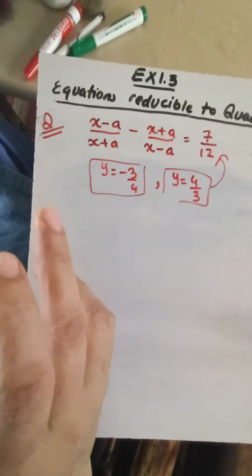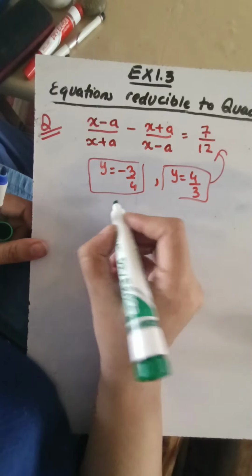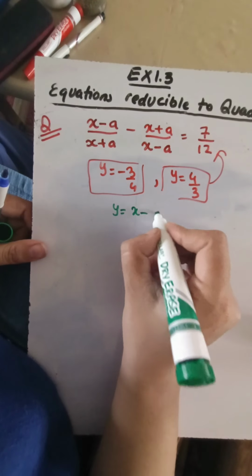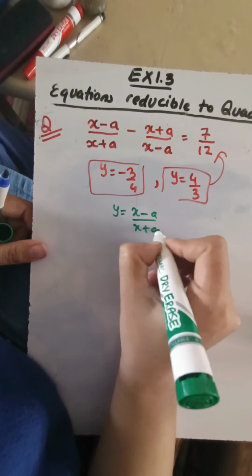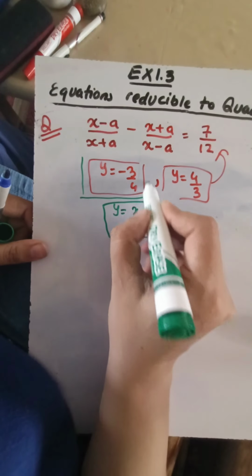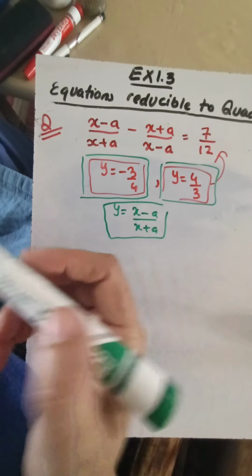Now the substitution that we did was y is equal to x minus a over x plus a. This was the substitution that we used. Now what I am going to do is use these values of y one by one in this equation to get to the values of x.